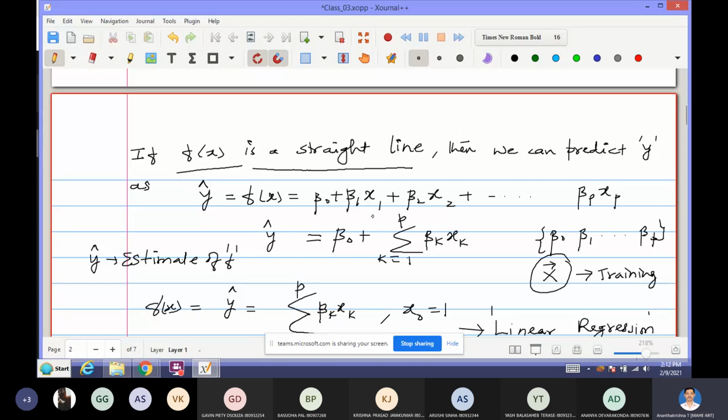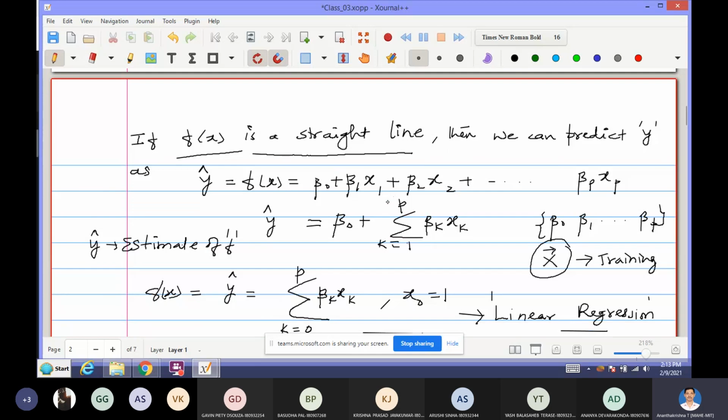It's a linear combination of the input features. So these coefficients, betas, actually represent the straight line, or whatever you call it, the hyperplane. So here the goal is, once the nature of f is given, what is the nature of f here, or the form of f?